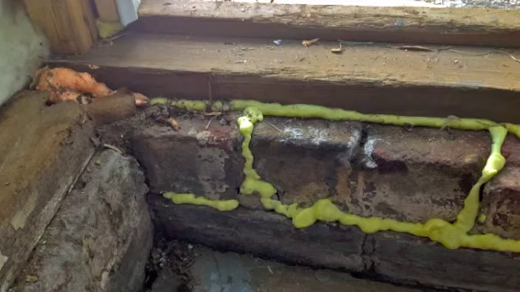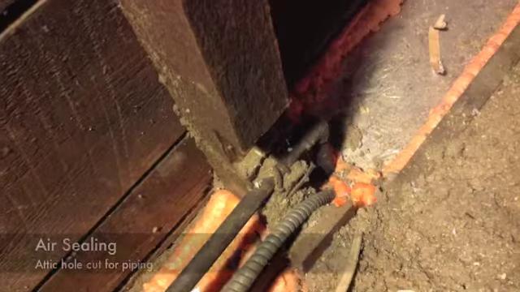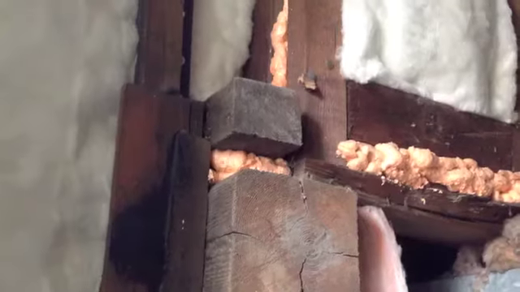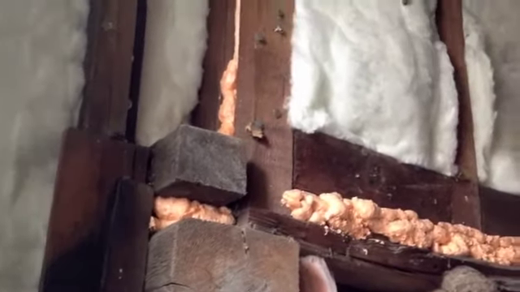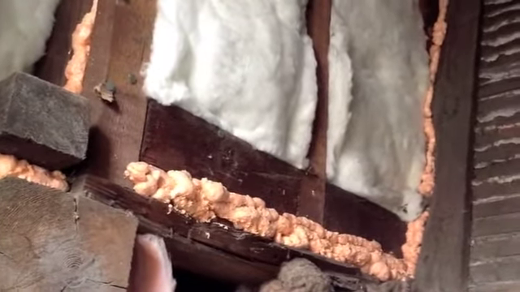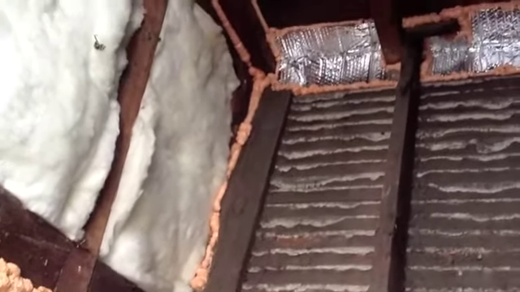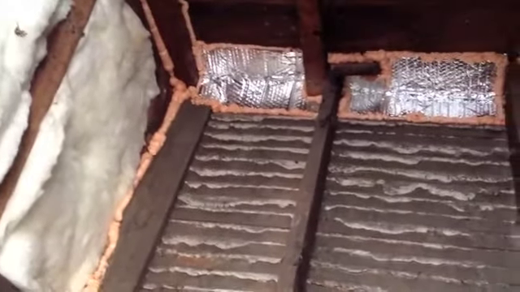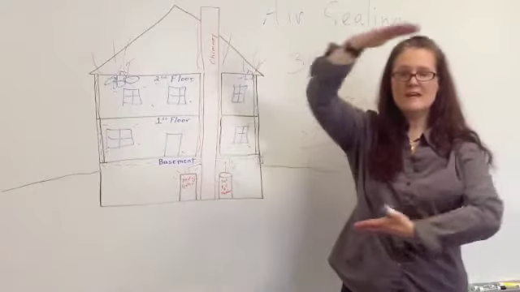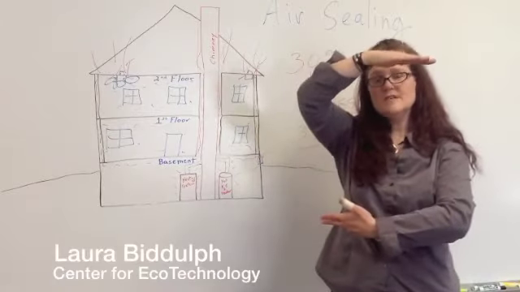Now air sealing uses expandable spray foam to fill in the holes and the chases that air is using to rise through the house and facilitate this negative air pressure through heat loss. So if we come in and we go into the basement and we fill in the places that the air is using to rise through the house, and we go into the attic and we fill in the places that the air is leaving the house, we've kind of put a cap on that negative and positive air pressure situation from the top and the bottom.